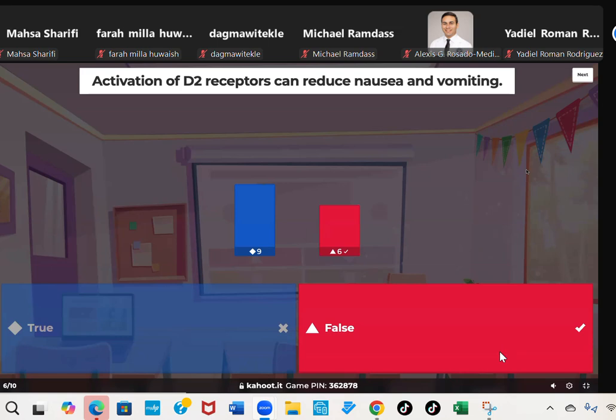They're inhibiting these receptors. And then the next thing is, what are those receptors? What are the neurotransmitters involved in nausea and vomiting? D2 receptors are one of those. So the moment you see activating receptors, other than cannabinoid, that is said to reduce nausea and vomiting, that is not true.